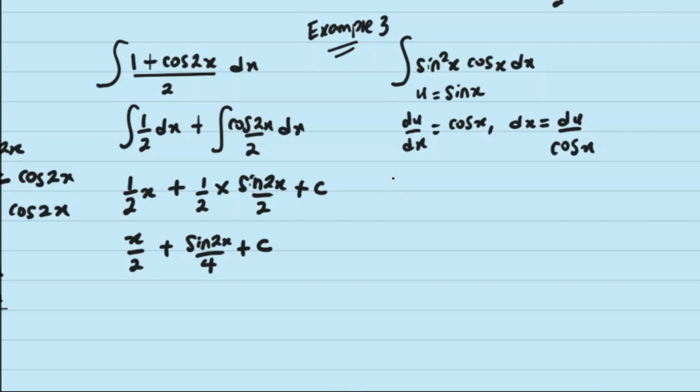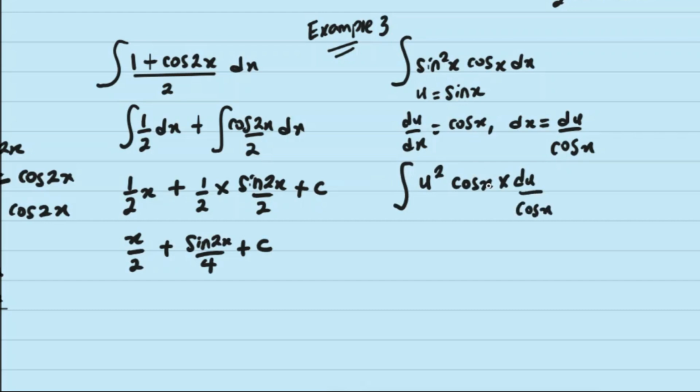So the question can now be simplified as, since u is sine x, sine square x will give us u raised to the power of 2 multiplied by cos x times dx. And our dx now is du divided by cos x.